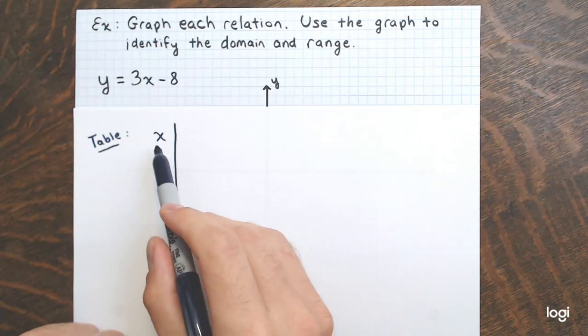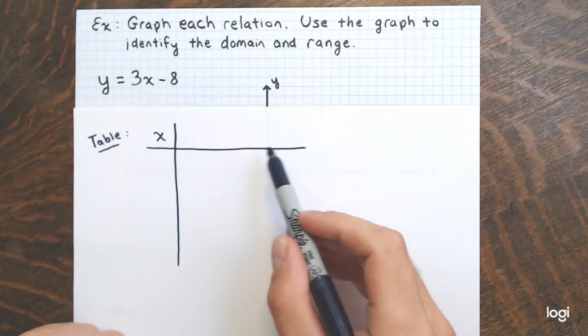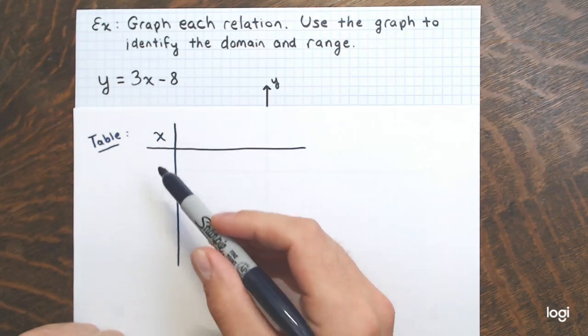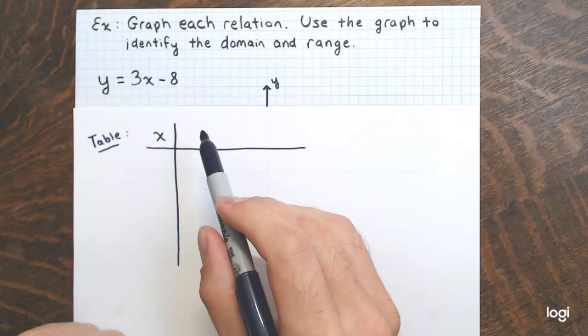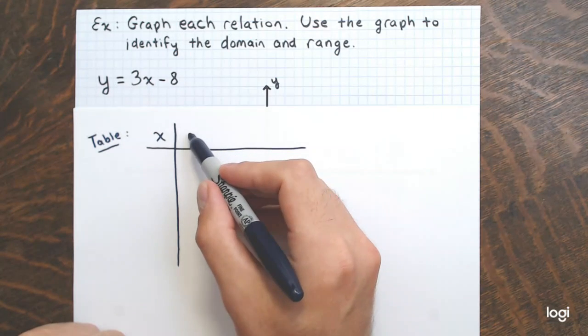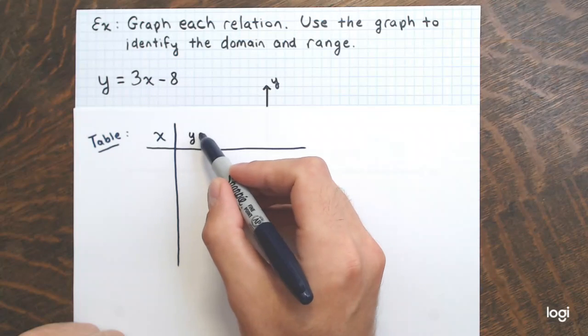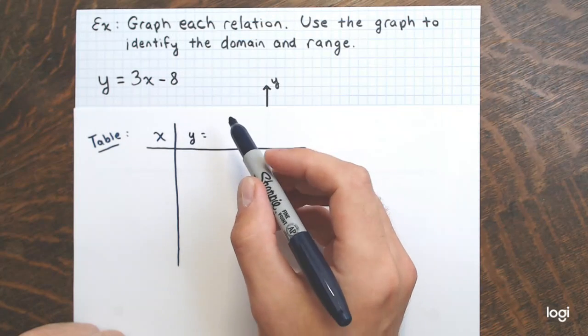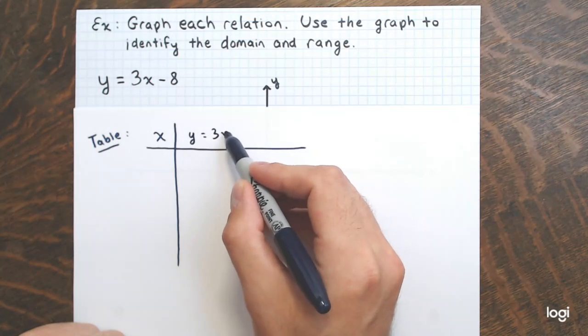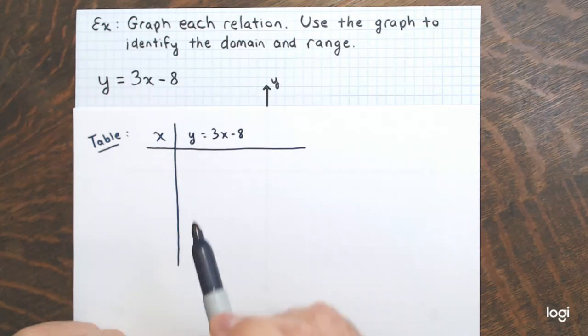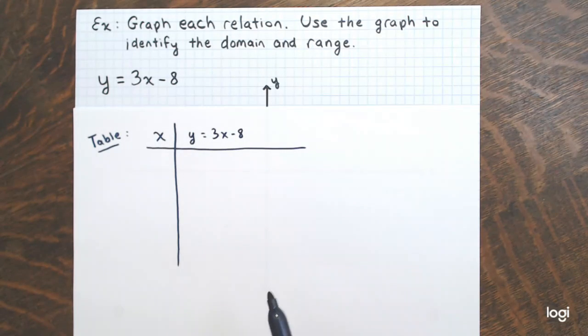All right, so in my table here, I have one column for values I'm going to replace x with, the second column for how the y value is going to be calculated, the second coordinate on my point, and I'll just write the equation, basically explaining how y is calculated.